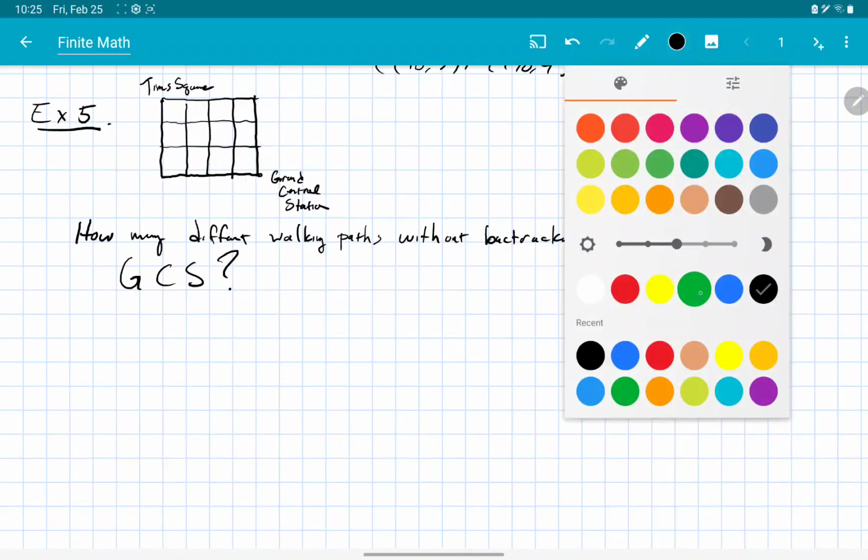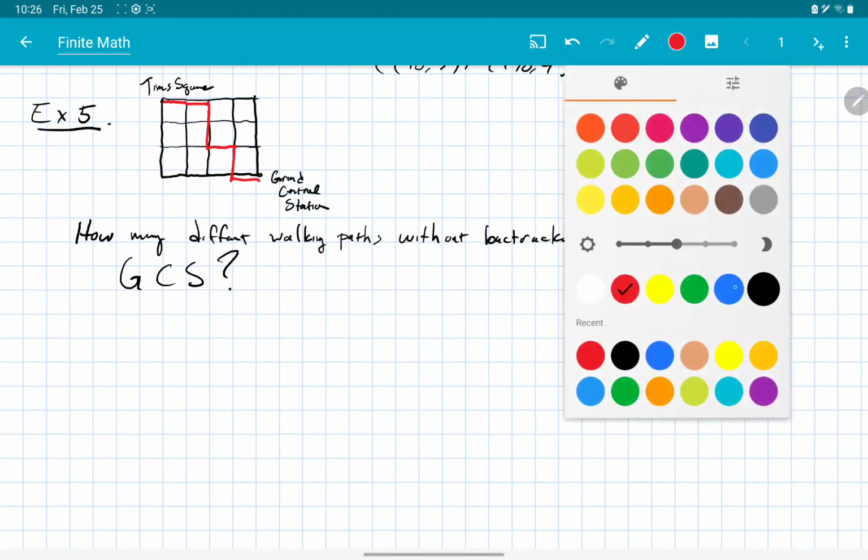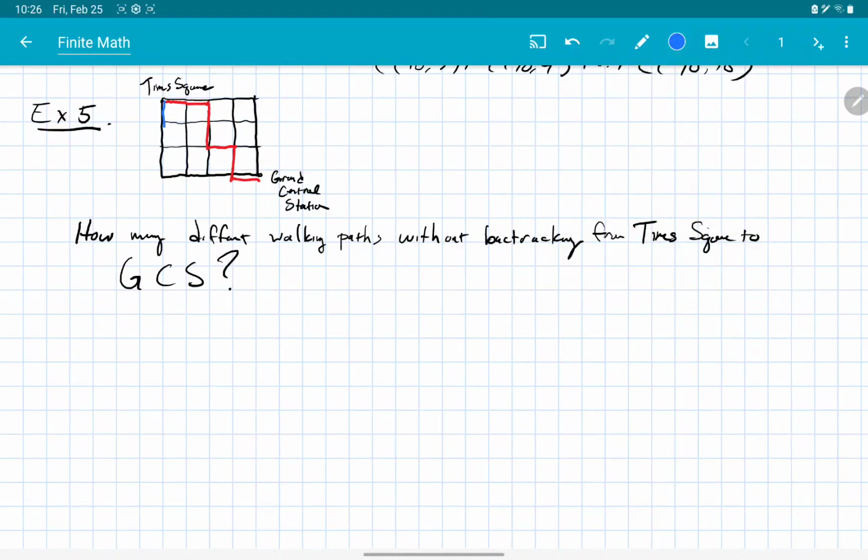What do I mean by that? I'll draw an example or two. We could start by walking east, east again, south, east, south, east, like that. That would be one possible walking path. Another one would be this one.